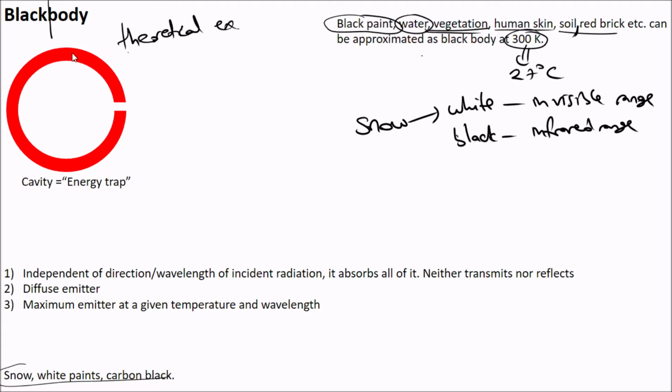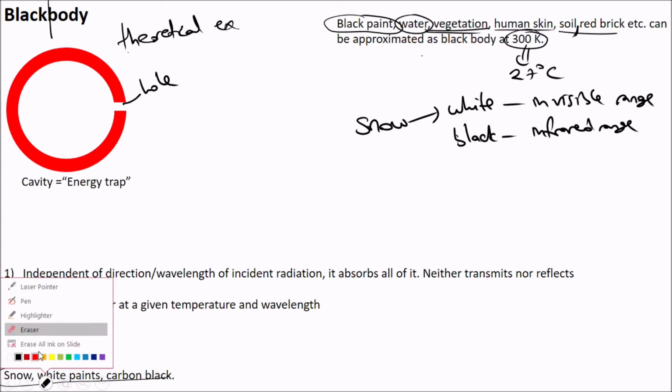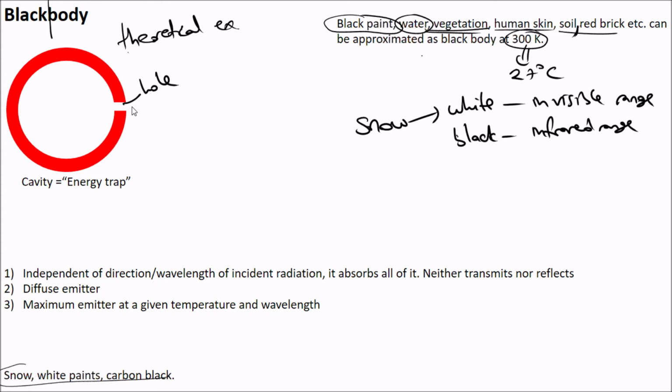So there is a theoretical example of the black body. Say that I have a surface or material, something like this one, and there is a small hole here. There is thermal radiation coming into that body from some other surface or the environment. Say that there is thermal radiation, something like this one.